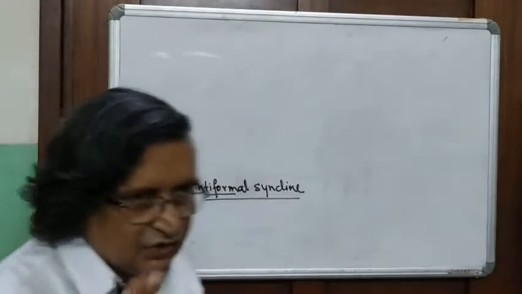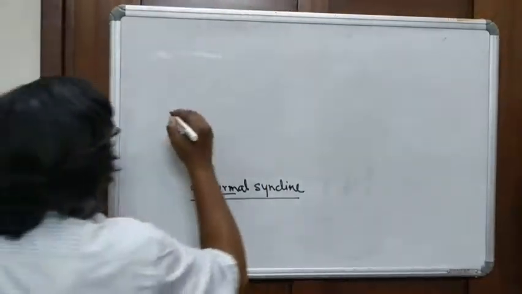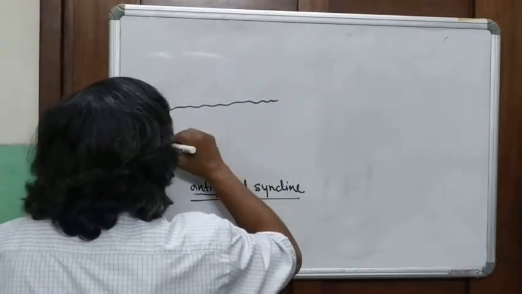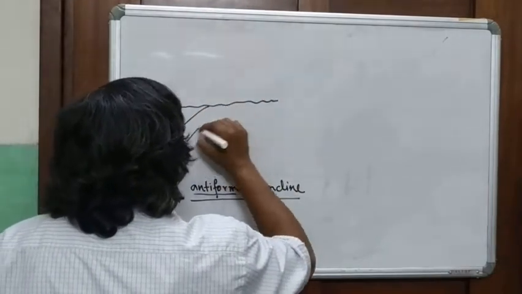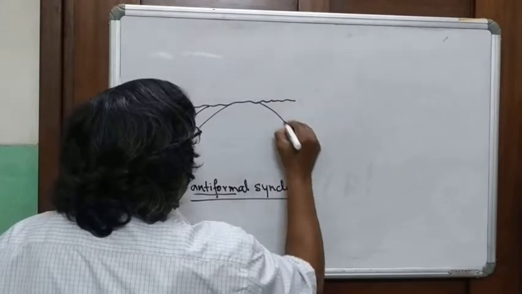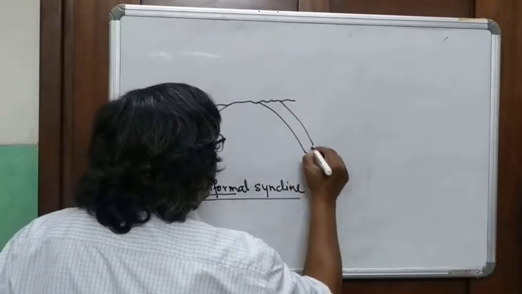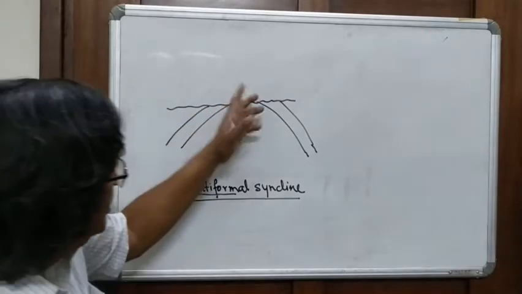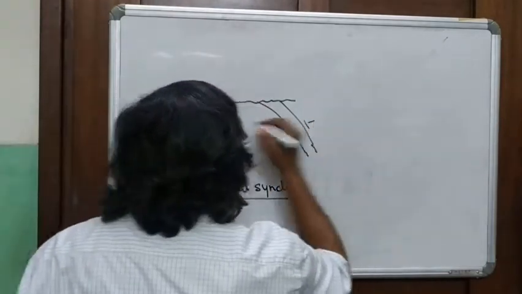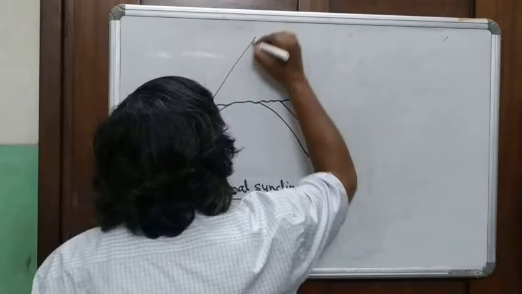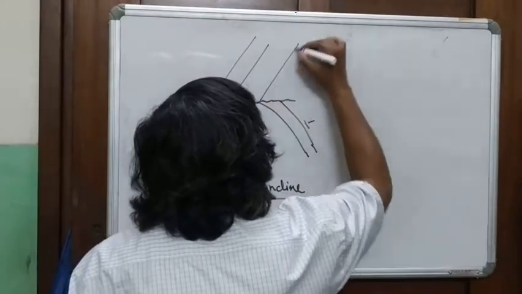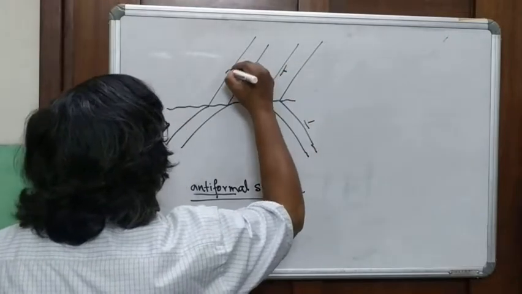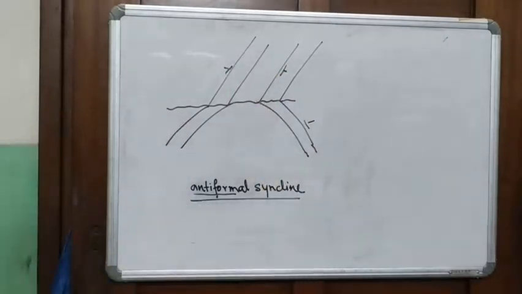So it has the structure of an antiform. Convex upwards, the dips away from each other, dipping away from each other.